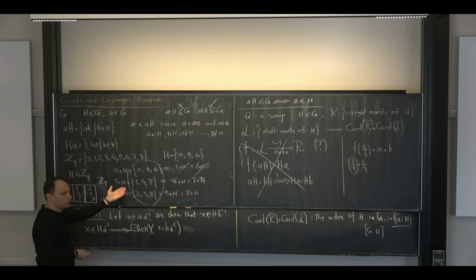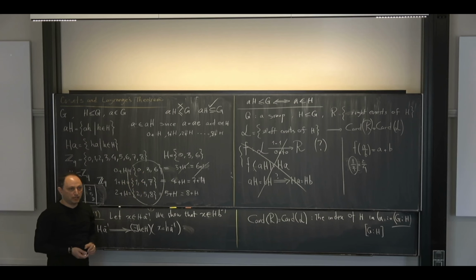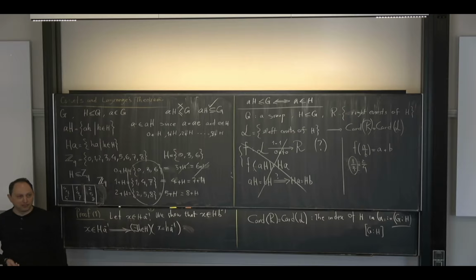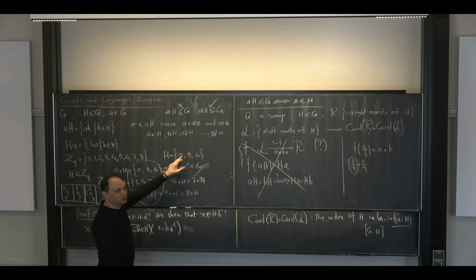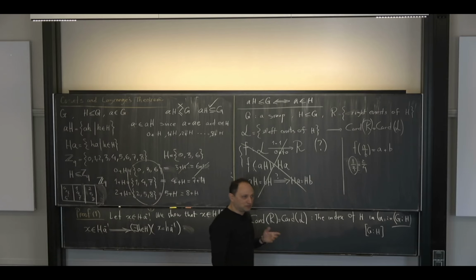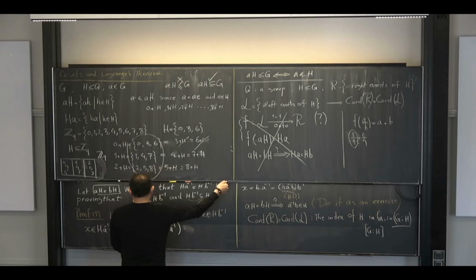But because we have already done that here, can you tell me what is the index here? 3. The index is 3, because how many different cosets do I have? 3. And the Lagrange theorem gives you a formula to calculate it. And the formula is simple: the number of these elements divided by the number of these elements. It's 3. So that is the Lagrange theorem. We will come to it now. Okay? So this is very important to understand.